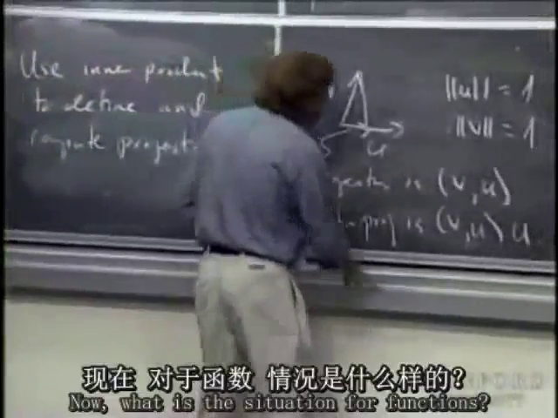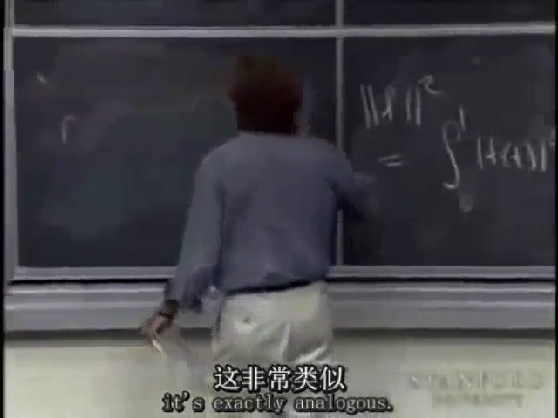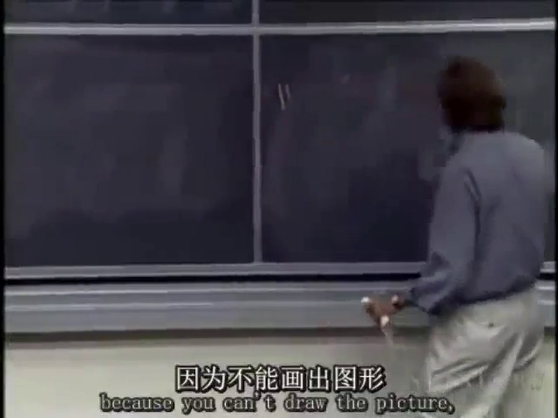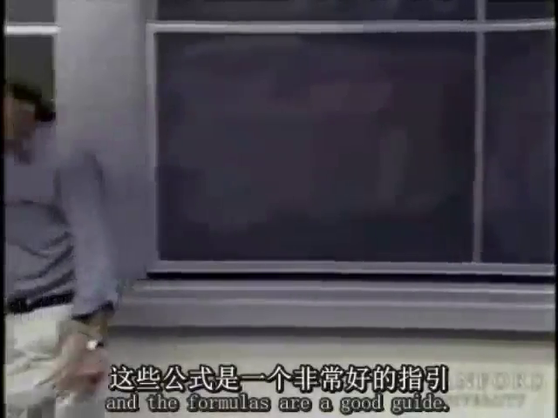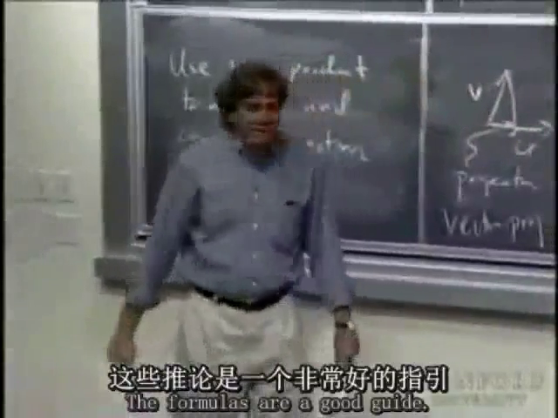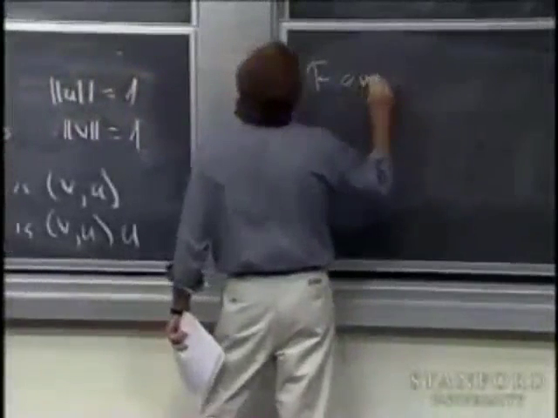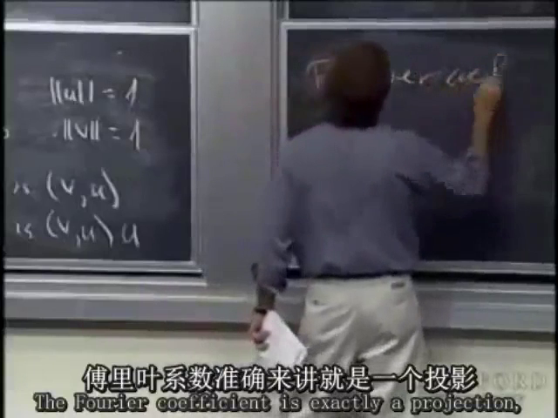Now, what is the situation for functions? It's exactly analogous. I don't want to say it's exactly the same because you can't draw the picture, but you can write down the formulas, and the formulas are a good guide. What is the Fourier coefficient? The Fourier coefficient is exactly a projection.